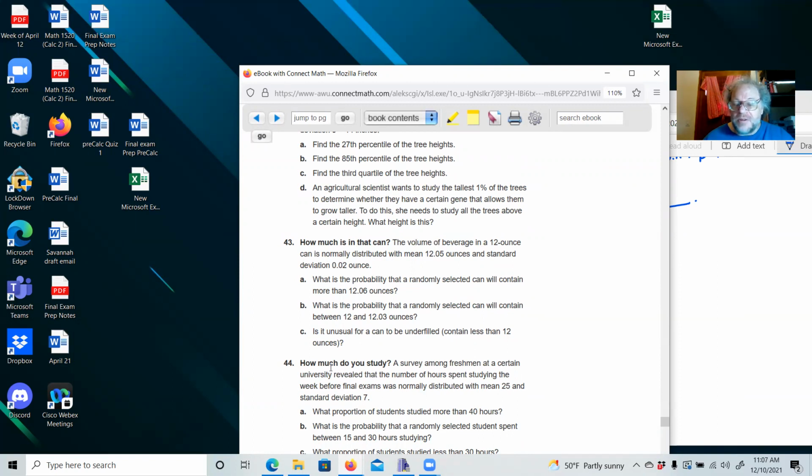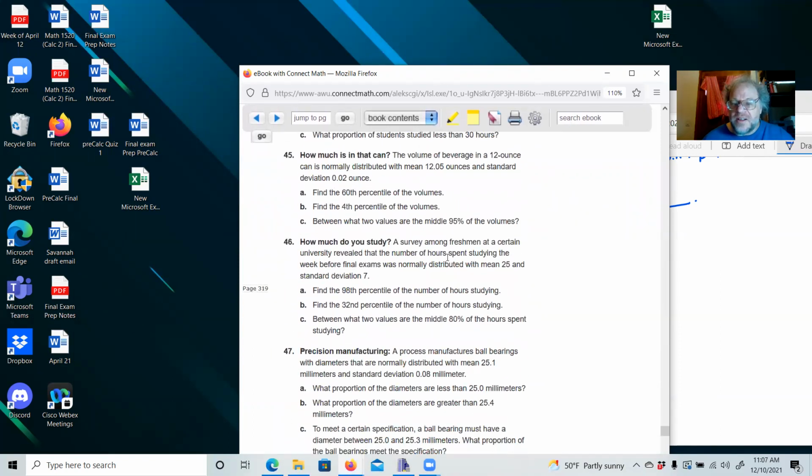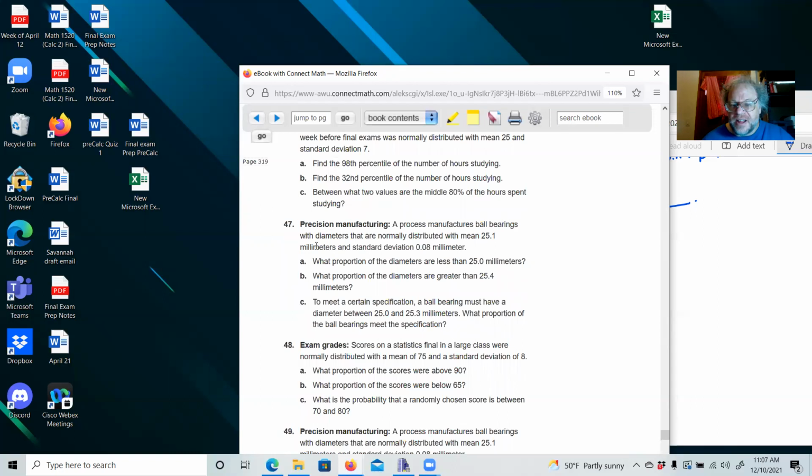Almost every one of these problems, they say, oh, it's normally distributed with a mean and a standard deviation. Oh, it's normally distributed, they want the 90th percentile, whatever. Next one, normally distributed. So the keywords you're looking for on those are normally distributed.